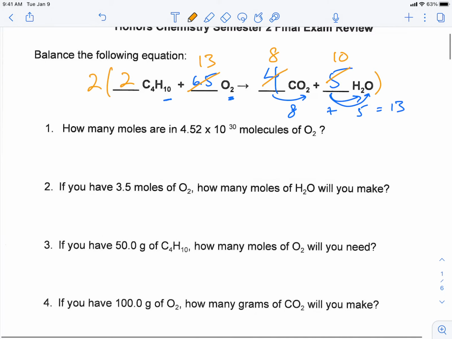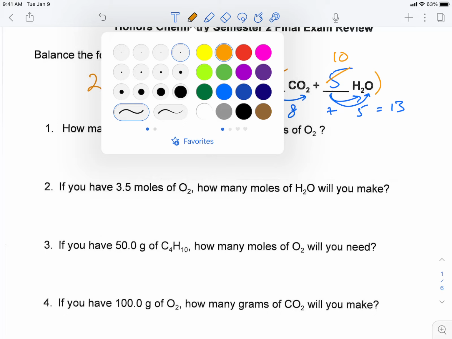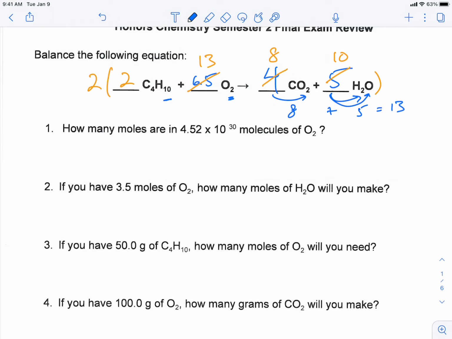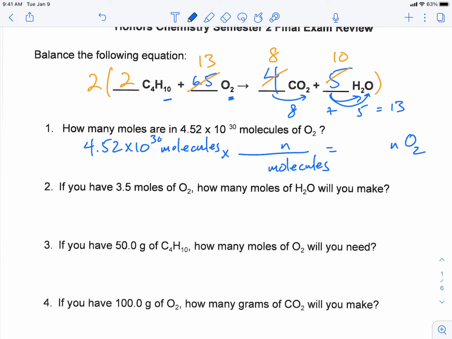Looking at number 1, getting down to our stoichiometry, we have 4.52 times 10 to the 30th molecules, and we want to convert that into moles. This means moles of O2. So molecules are the units that have to go on the bottom, so they cancel, and then moles are going to go on top.